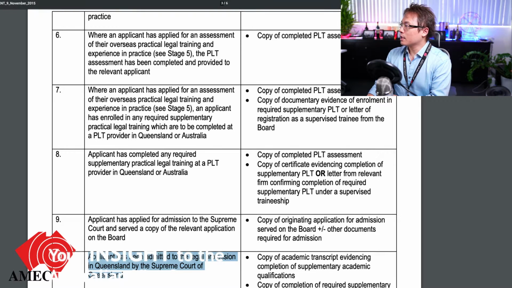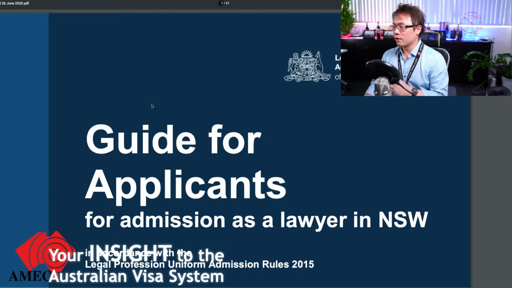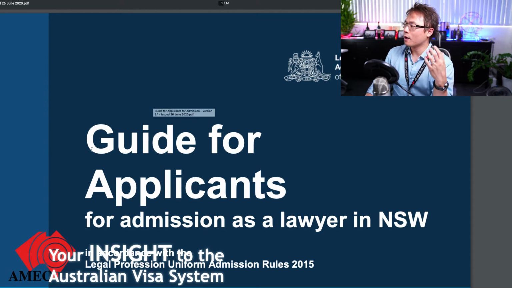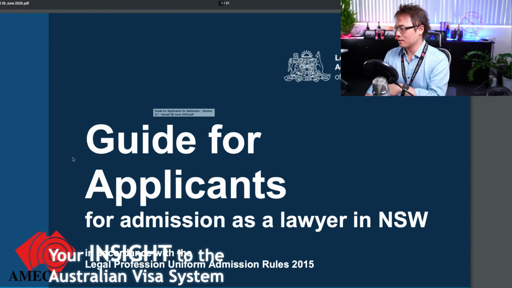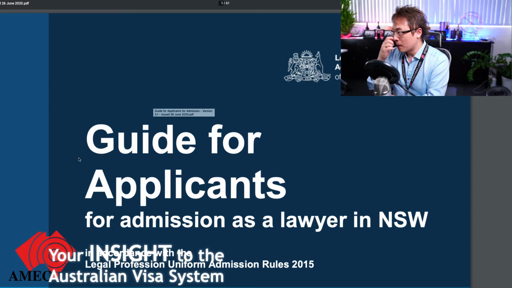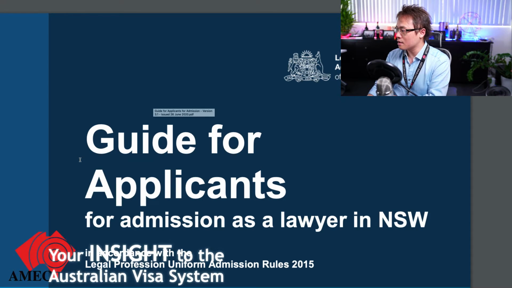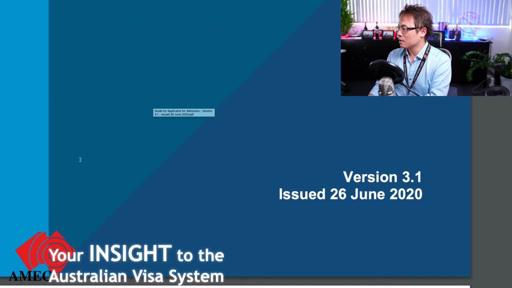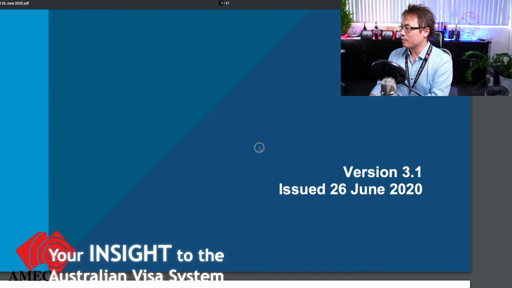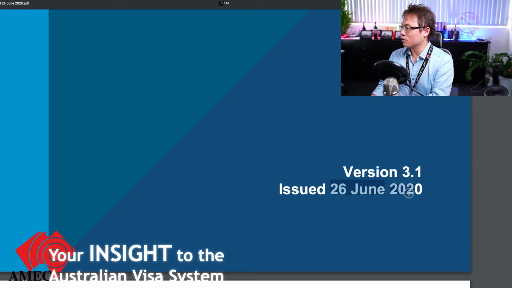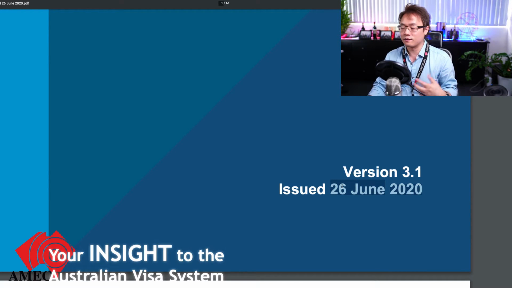Okay, now let's look at the New South Wales one. Although it may look much more pleasant and more beautiful in a sense, as you can see, it was amended and updated on the 26th of June 2020. So this is a very updated version.